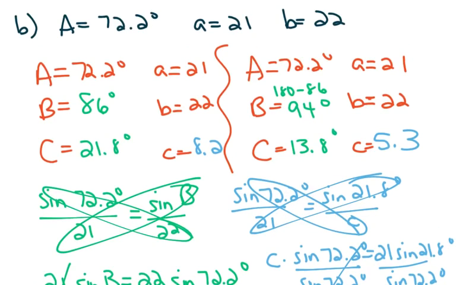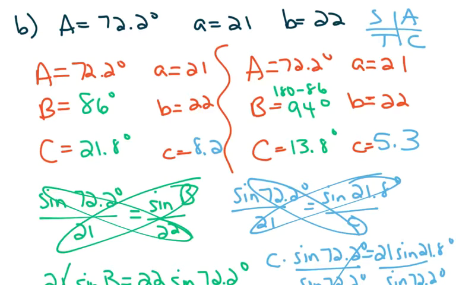And again, the reason why two solutions can occur, and it will only occur if the first angle you're given is less than 90, is because we know from the unit circle, and all students take calculus, that when you do an inverse sine of a number to find an angle, you're either going to get an angle in quadrant 1 or 4.